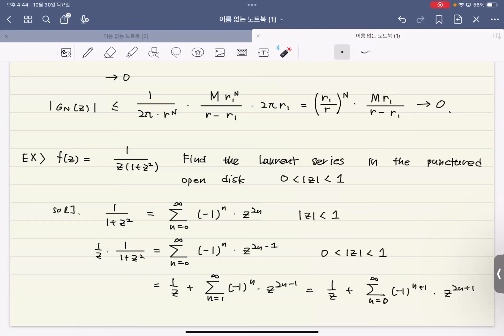Almost always it ends at some finite number of terms. Sometimes you can find examples that have infinitely many negative exponent terms, but we're going to talk about that later. However, for rational functions, this is a very typical form of the Laurent series.